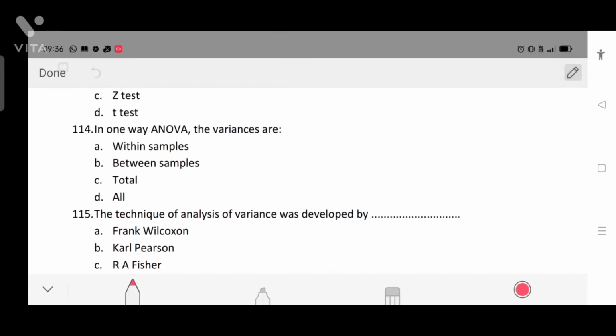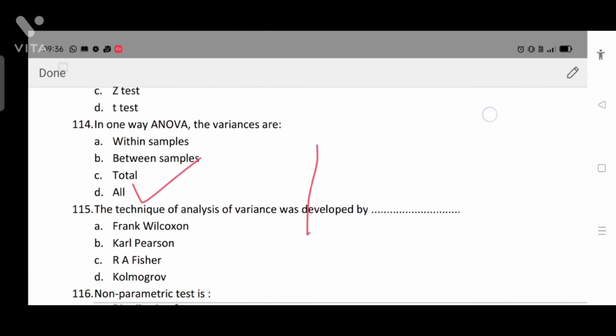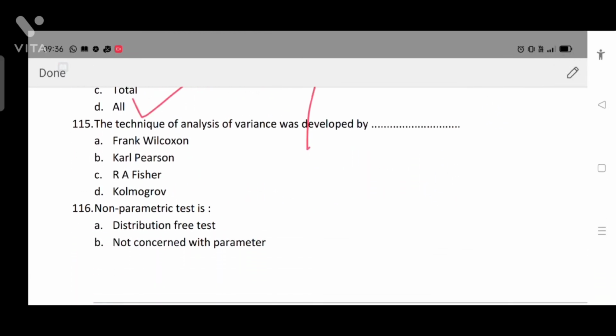All. Have you got it? The technique of analysis of variance was developed by A, B, C, D. R.A. Fisher.